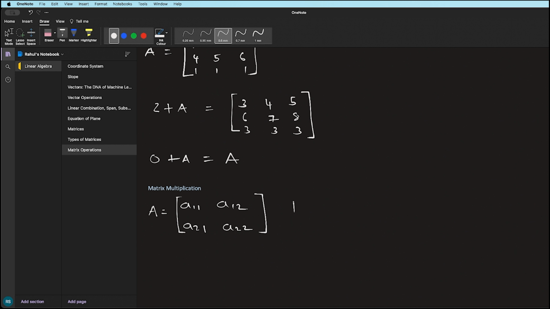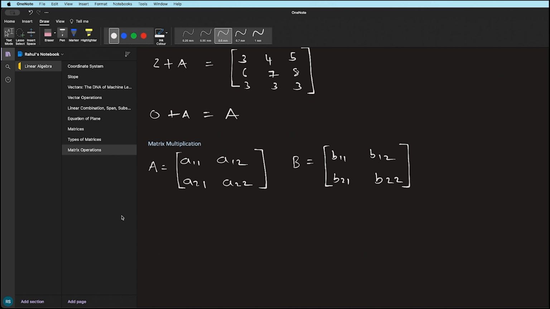Similarly, the matrix B contains the elements B11, B12 and B21, B22. Okay, so I want to multiply these two matrices, that is I want to perform A dot B, that is A11, A12, A21, A22.